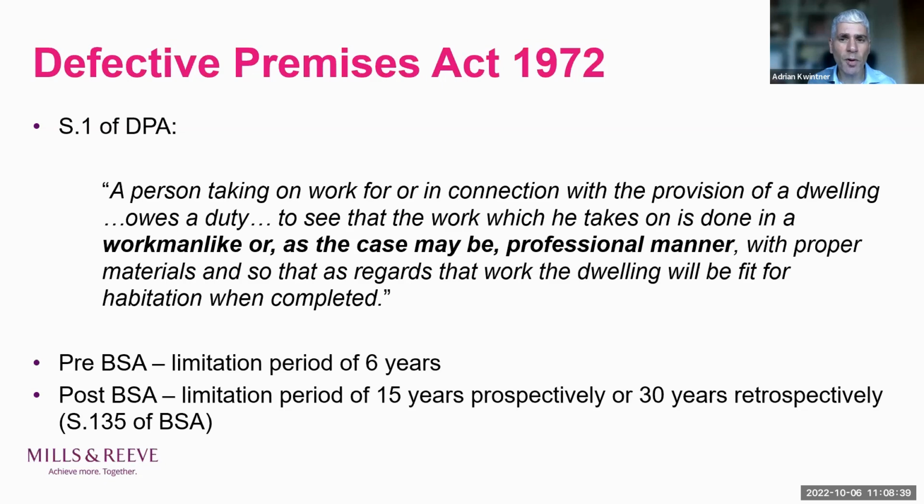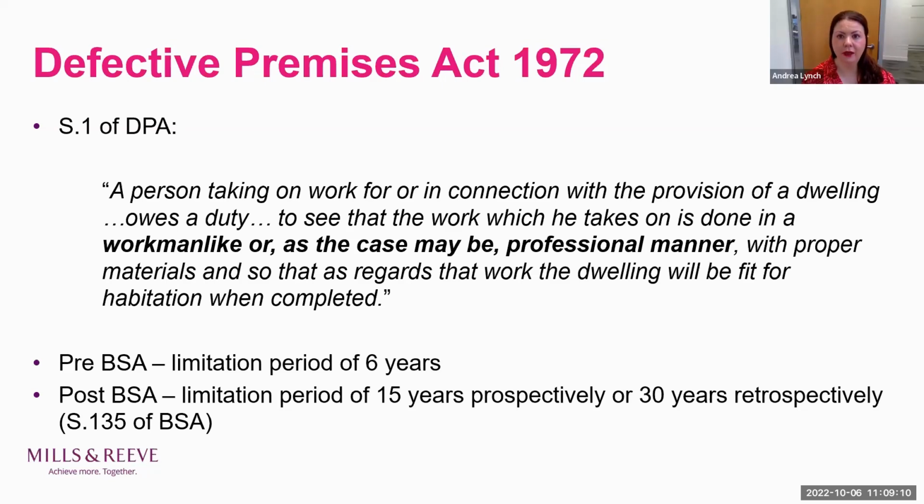Now, for any claims arising after the Building Safety Act came into force on the 28th of June this year, a person now has 15 years to bring a claim under the Defective Premises Act. And a person who was entitled to bring a claim under that Act before the Building Safety Act came into force now has 30 years to do so. This means any such claims arising from June 1992 onwards will be in time.